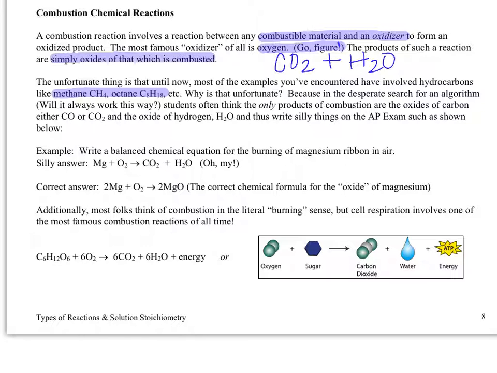So if I take this hydrocarbon, the oxide of carbon would be carbon dioxide, and the oxide of hydrogen would be water, and those are my products. So let's look at a combustion reaction that does not include a hydrocarbon, like magnesium.